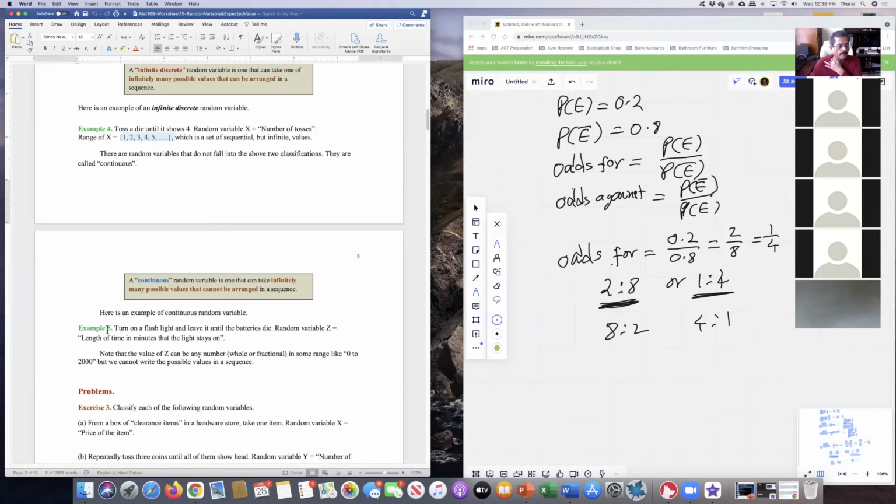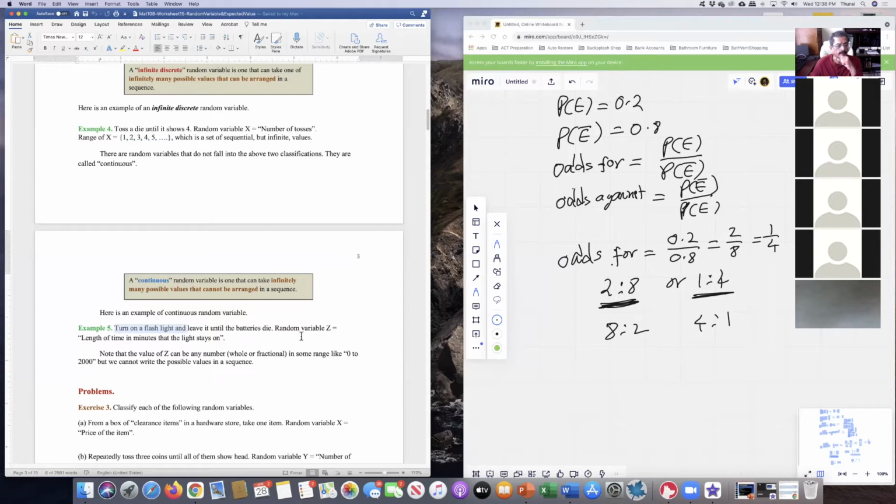So let's look at a simple example. Now, like I said, the continuous random variables are uncommon, so the example is going to be kind of uncommon. So here's my example. Turn on a flashlight and leave it on until it dies.